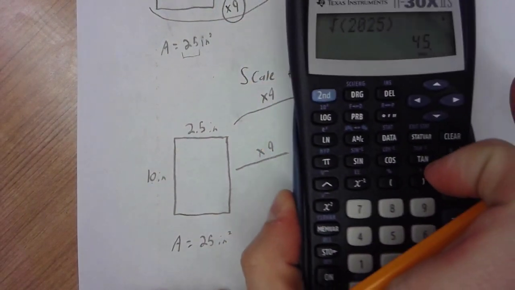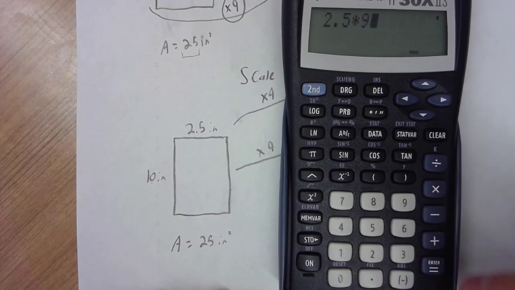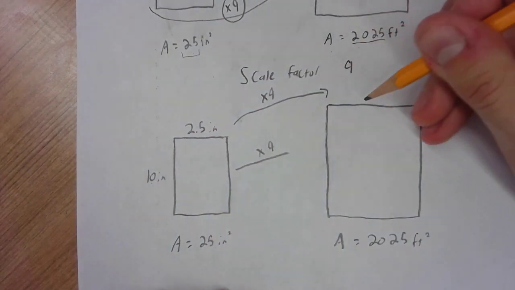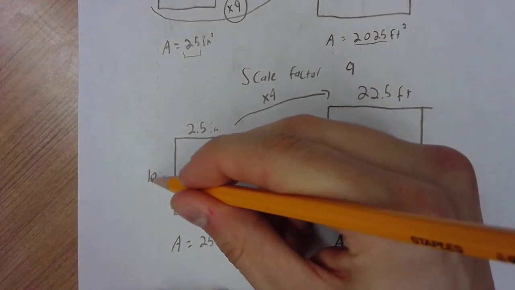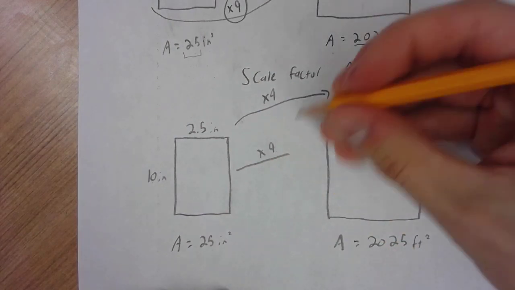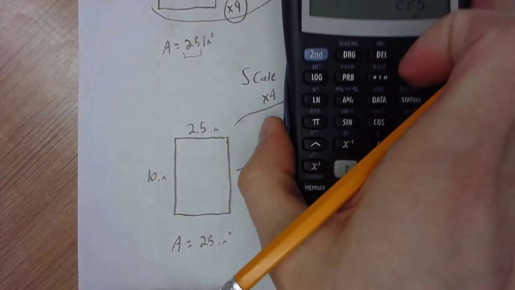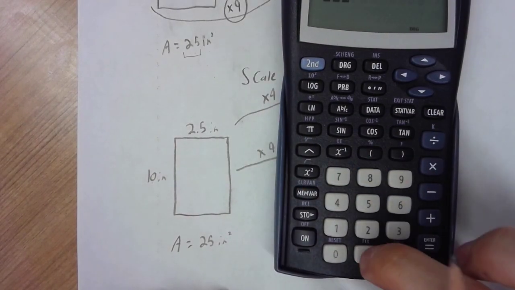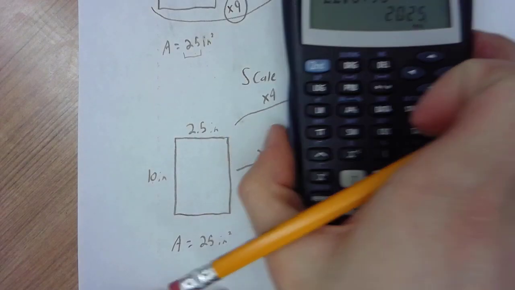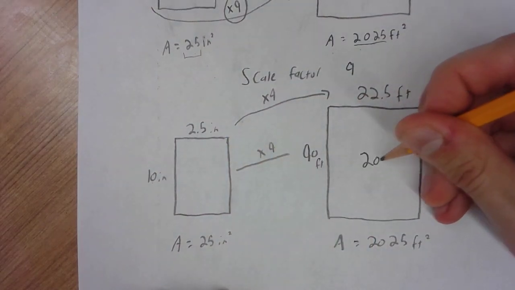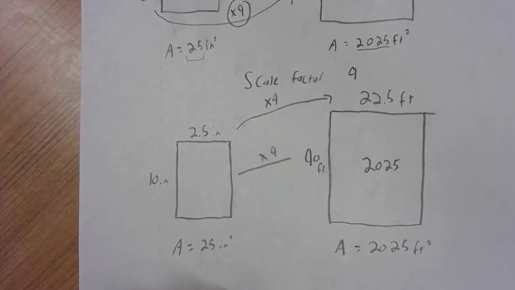If we take out our calculator again, just to check, 2.5 times 9 is going to give us 22.5 feet, and then 10 times 9 is going to give us 90 feet. So that should give us our area, when we multiply them together, of 2,025. And as we can see here, we confirmed that 9 is the scale factor.